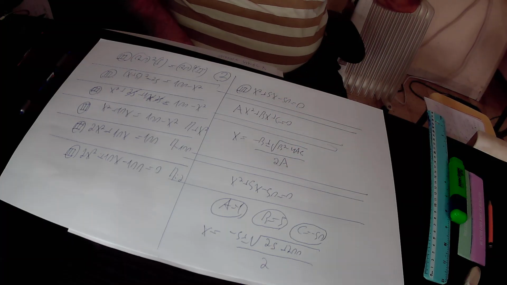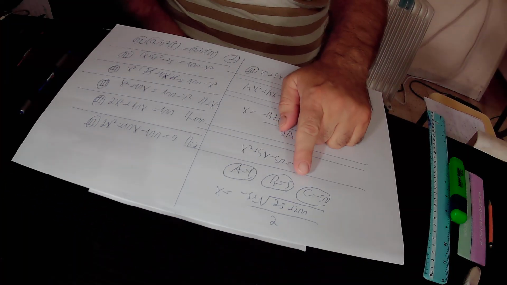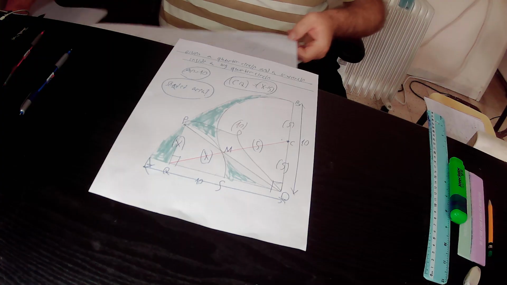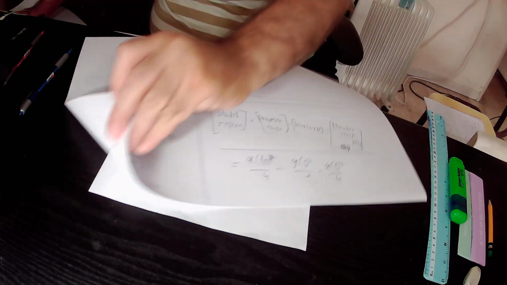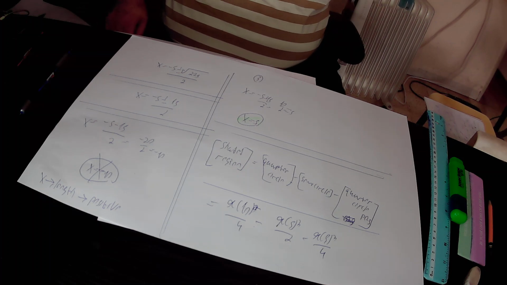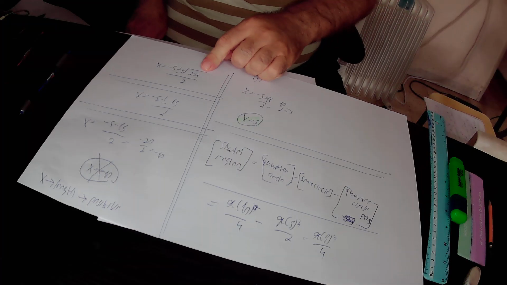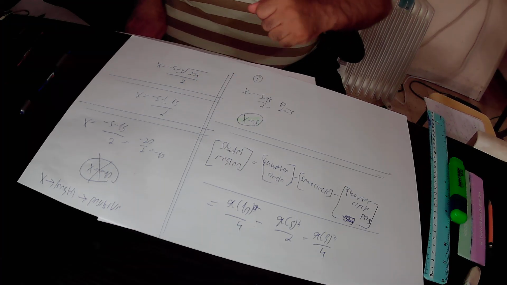So in total we found out that x equals minus 5 plus minus the square root of 25 plus 200, which is 225, over 2. So x equals minus 5 plus minus the square root of 225, which is 15, over 2.